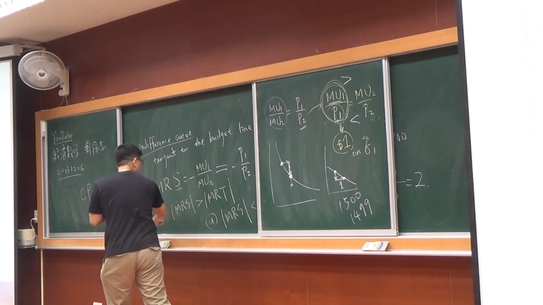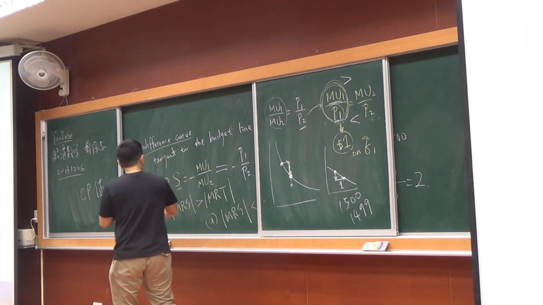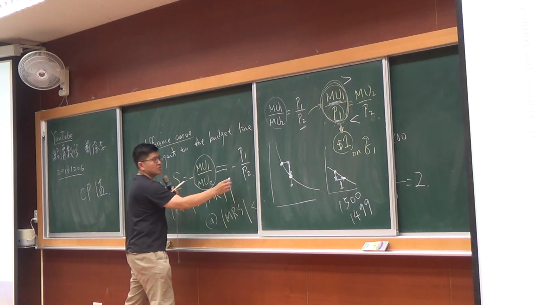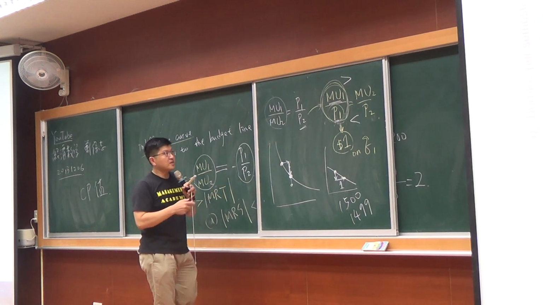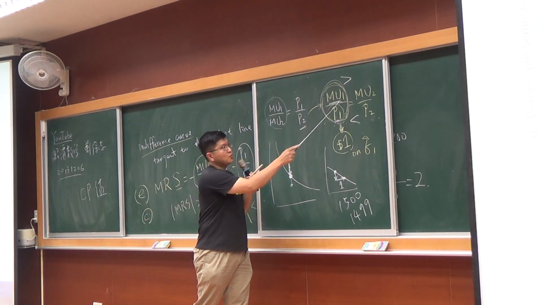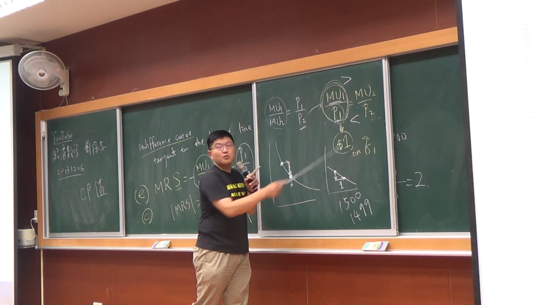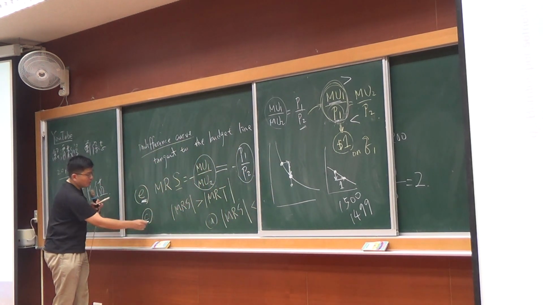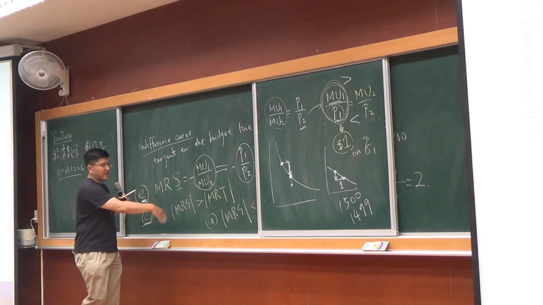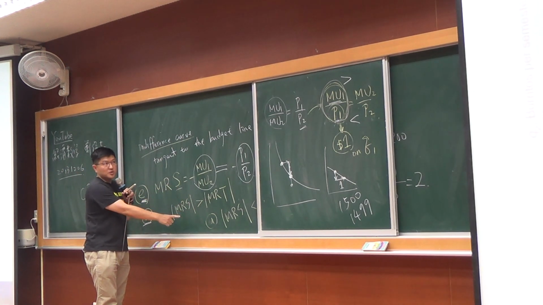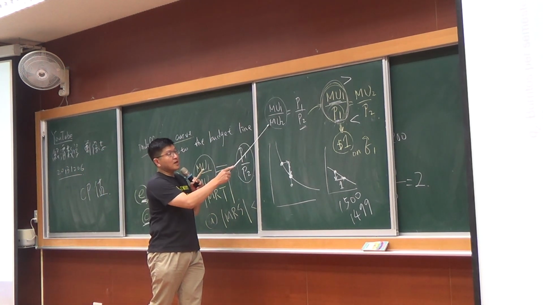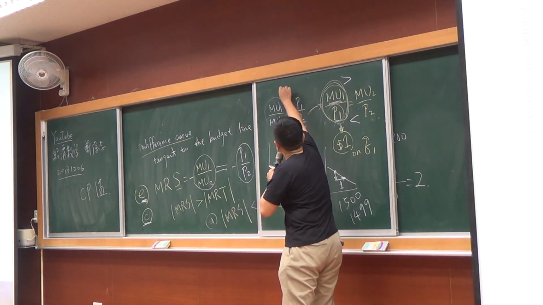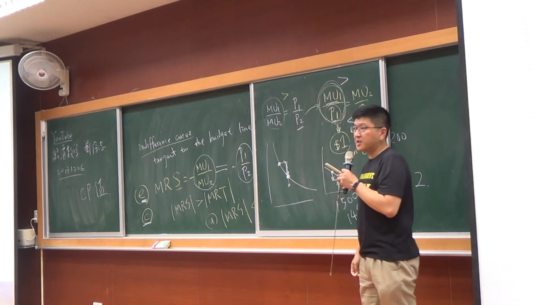For point E, C, and A, point E, MU1 over MU2 equals P1 over P2, which means MU1 over P1 equals MU2 over P2 for point E. And what about point C? The absolute value of MRS, which is MU1 over MU2, is greater than P1 over P2, right?